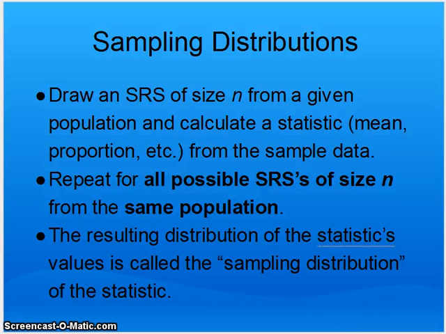That is, we're going to, at least hypothetically, generate every possible SRS of that given size from that population. These will give you a whole set of possible values for the statistic, and that distribution, all the values that the statistic takes on and how often the statistic takes on those values, is what we call the sampling distribution of the statistic.